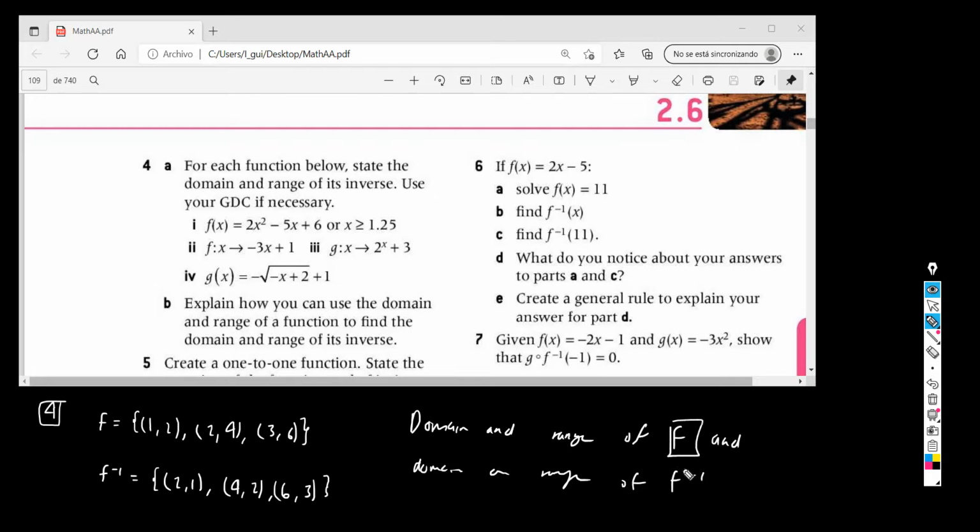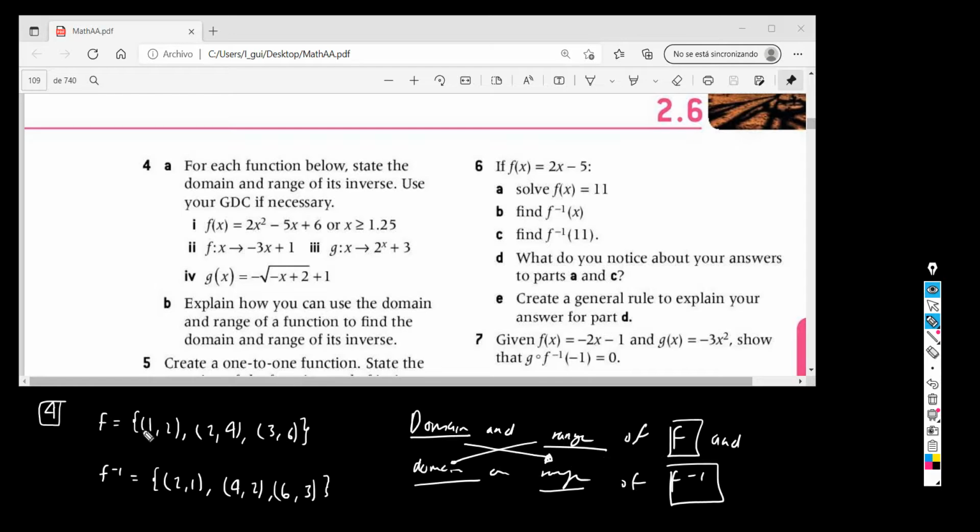If you have a function and its inverse, is there any kind of relation between their domains and their ranges? The answer is yes. The domain of f is going to be the range of f inverse, and the range of f is going to be the domain of f inverse. That's all you have to do, guys. You have to switch.